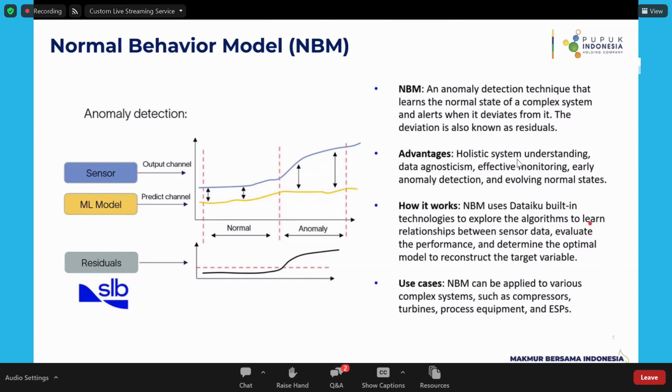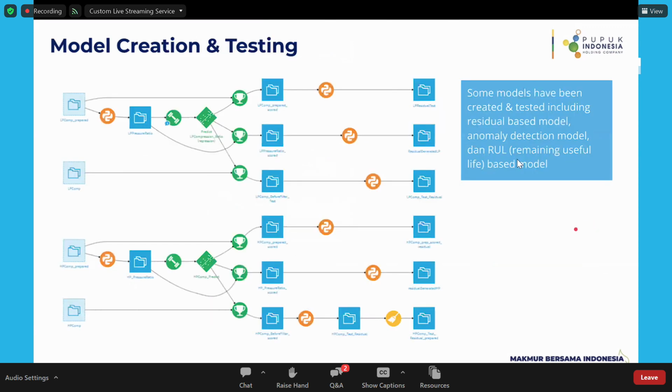We also compared this model with other models. So we have three different models. First, the residual-based model, and then we also have an anomaly detection model using isolation forest, and then we have a remaining useful life-based model. After we compared these three models, we found out that the residual-based model works best for this particular use case, because in our case we don't have many anomaly samples and shutdown data.